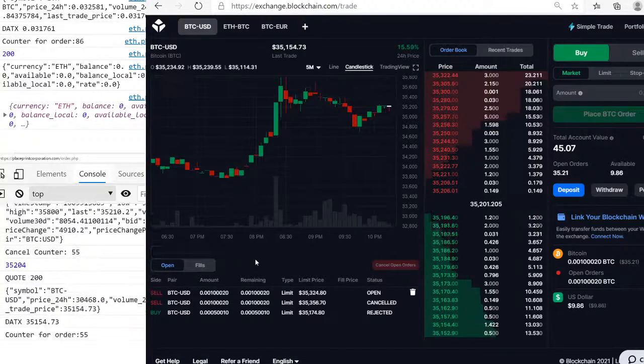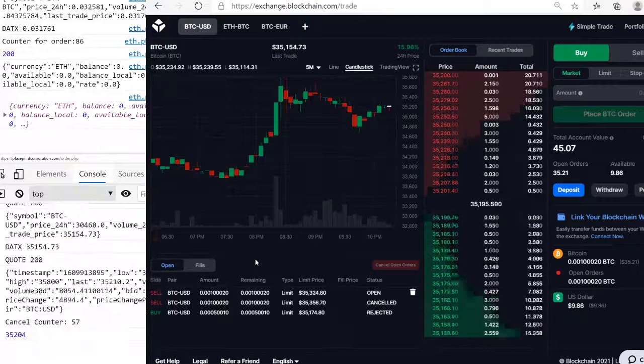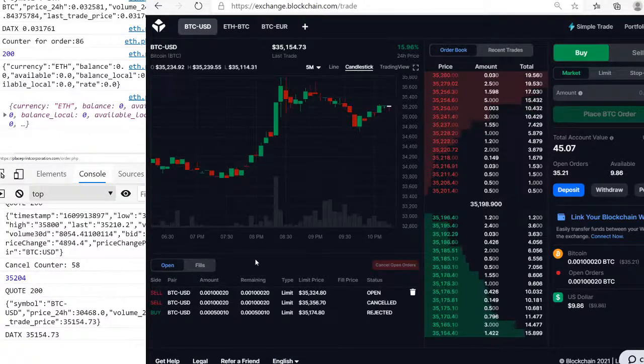It's kind of interesting how this works, really. Market's really in tune. It's kind of like a stepping ladder almost.